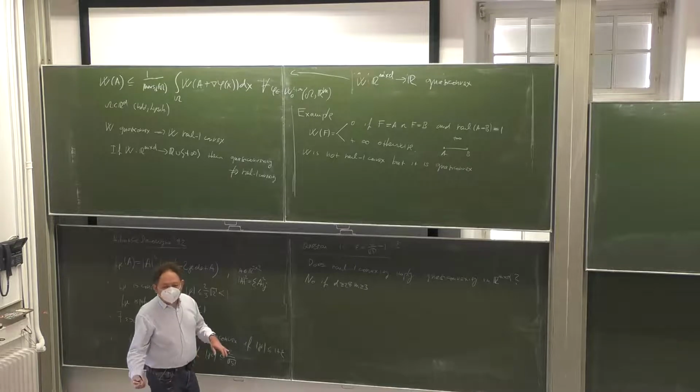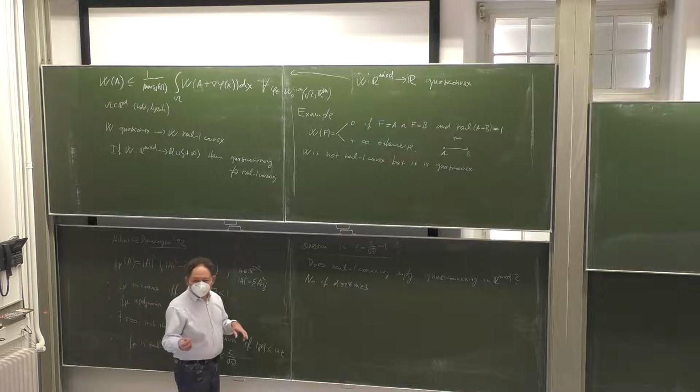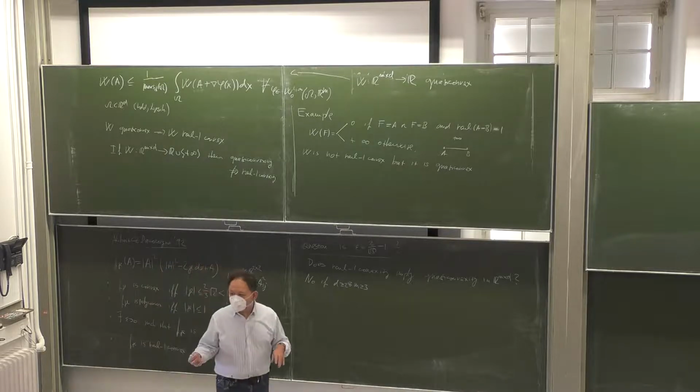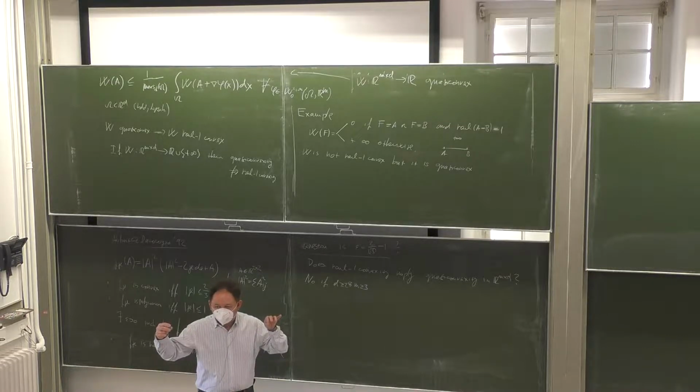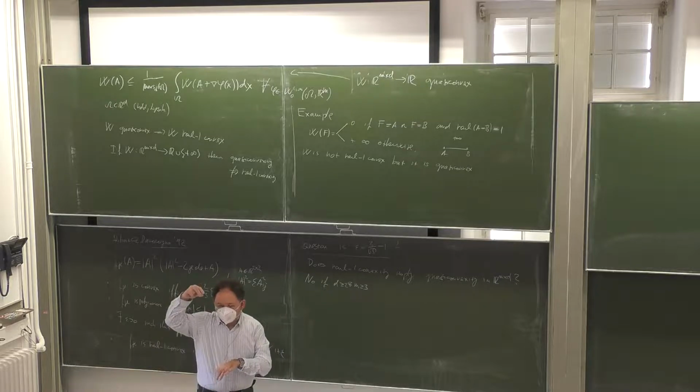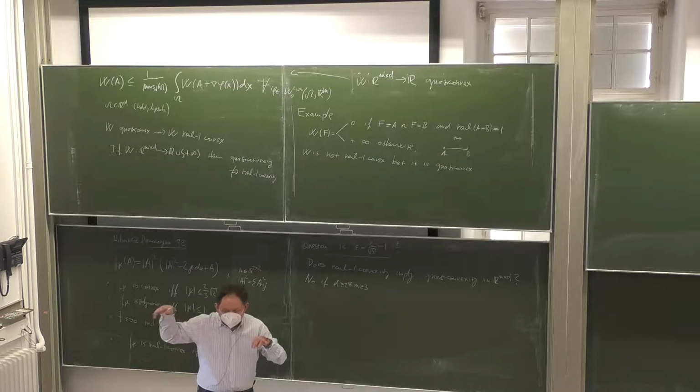There is an easy case, if m or d is 1, because then quasi-convexity is convexity, and rank 1 convexity is also convexity, because if you have just a row vector or a column vector, a matrix m times 1 or 1 times d, then everything is rank 1 connected.